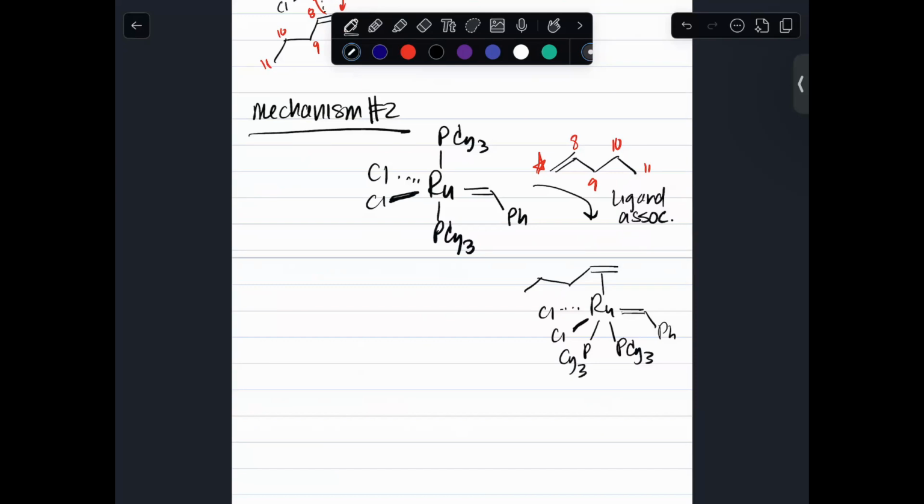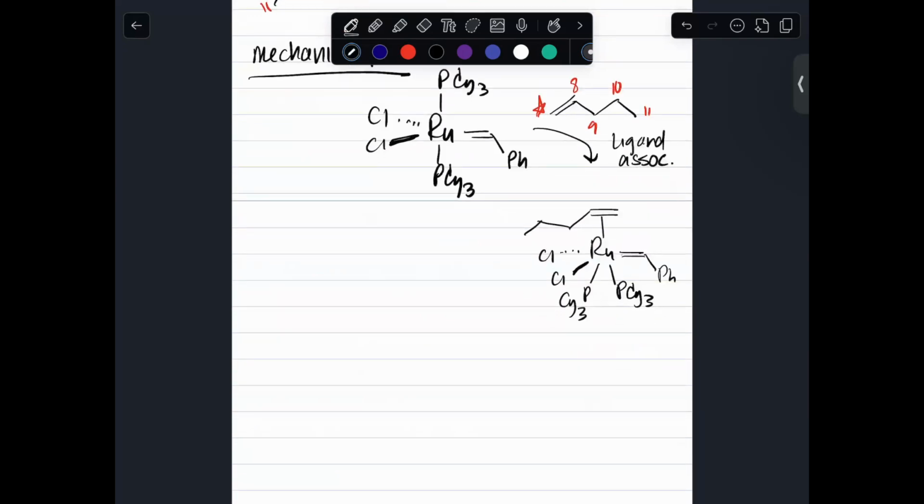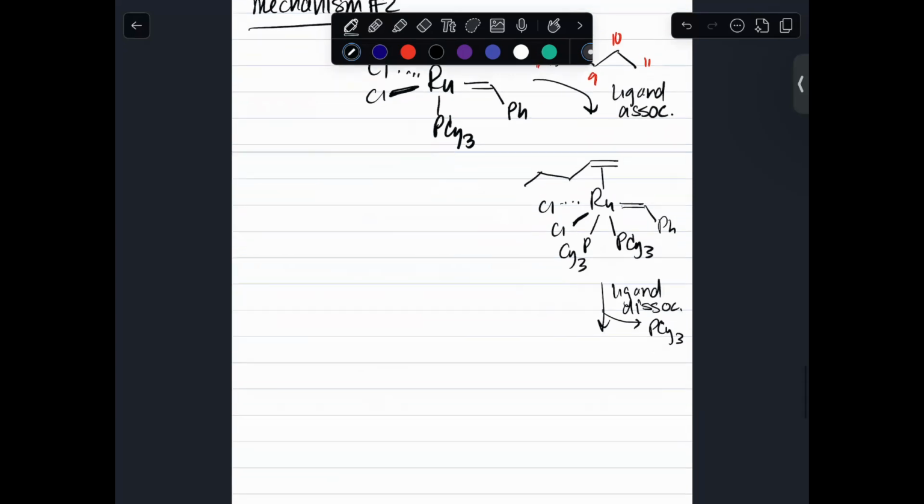I'm running out of room. Step two is ligand dissociation. So I lose a phosphine ligand.